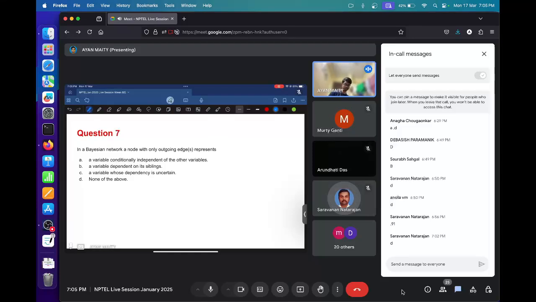Now question 7. In a Bayesian network, a node with only outgoing edges represents: a variable conditionally independent of the other variables, a variable dependent on its siblings, a variable whose dependency is uncertain, none of the above.